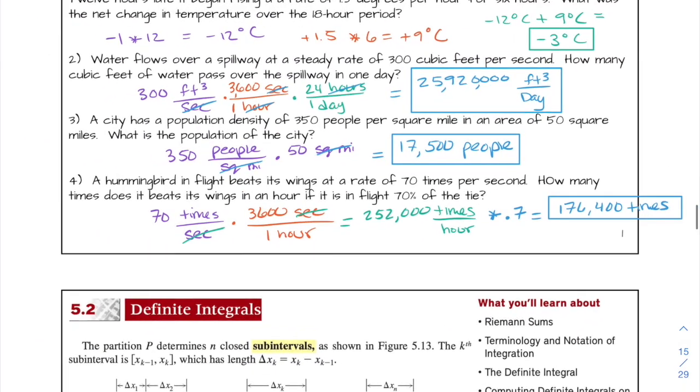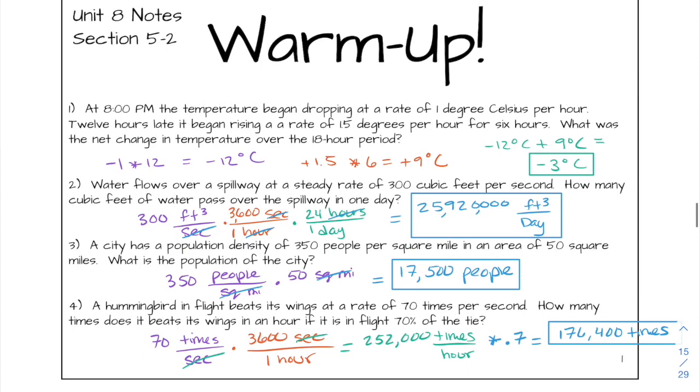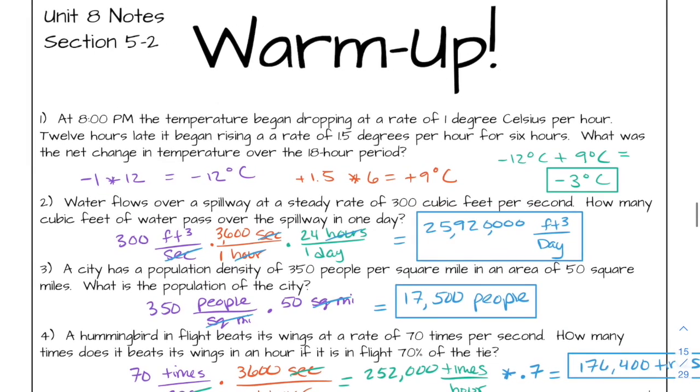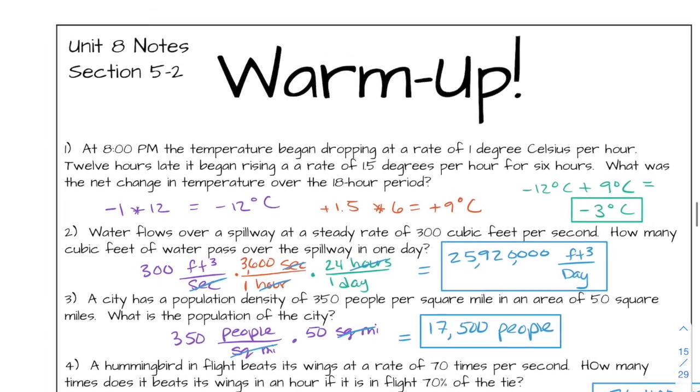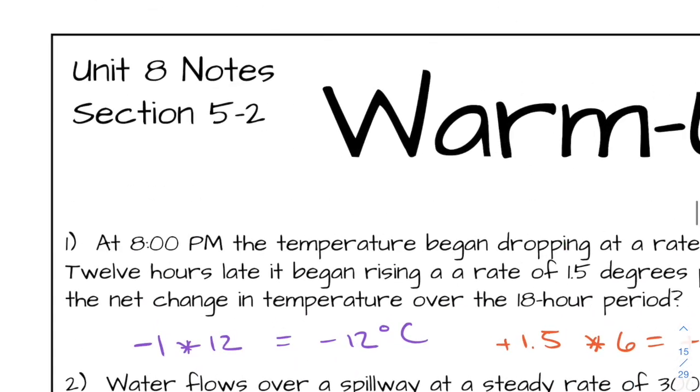Okay, so this warm-up is for Unit 8, Note Section 5.2 of our distance learning. Just like we did before, we're going to look at areas under the curve. So for number one, for instance, let me take number one and let me graph it out on a curve, okay?